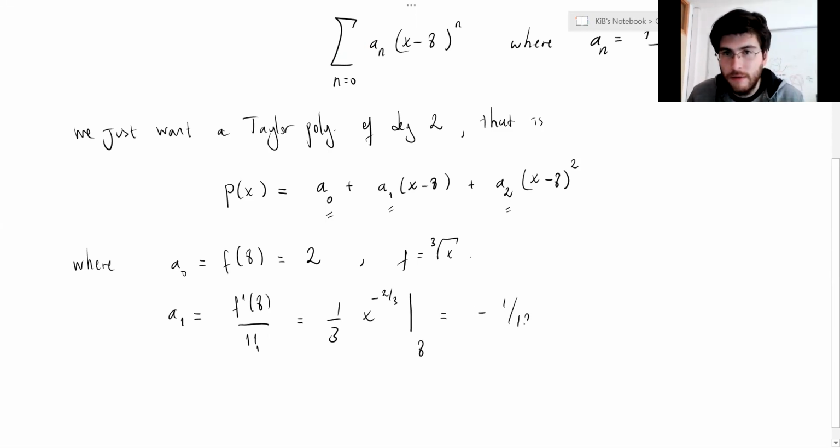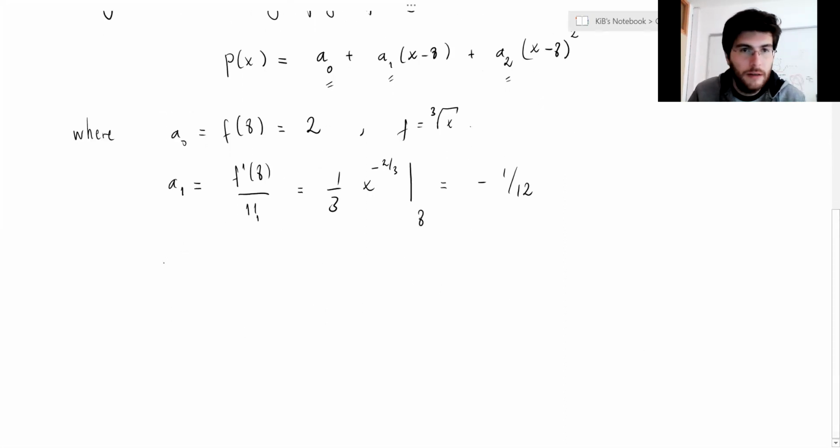I may sometimes have numerical mistakes, but just check. And what is a2? a2 will be f double prime over 2 factorial. If you compute in a very similar way, let me write down the results. So 9 times 32. Okay, it's not the exact result, but anyway.